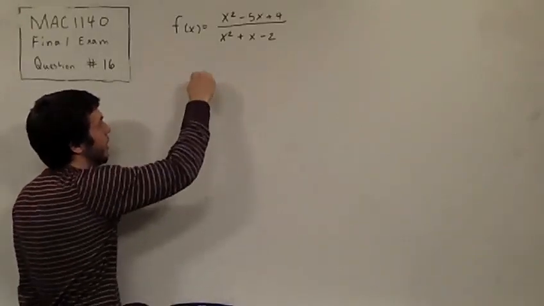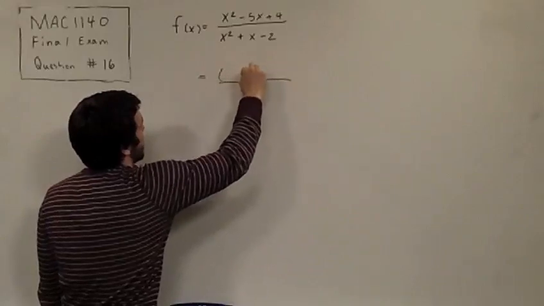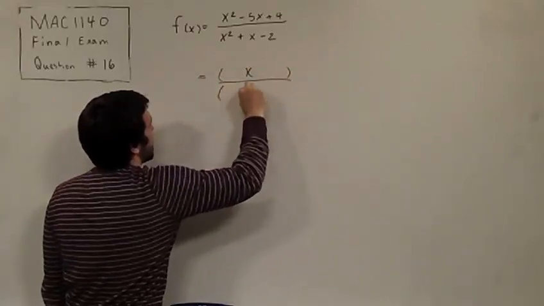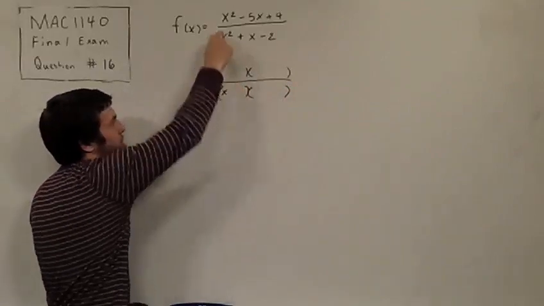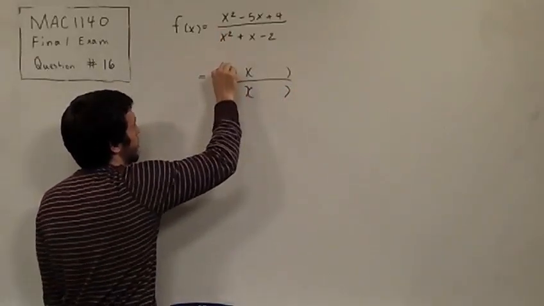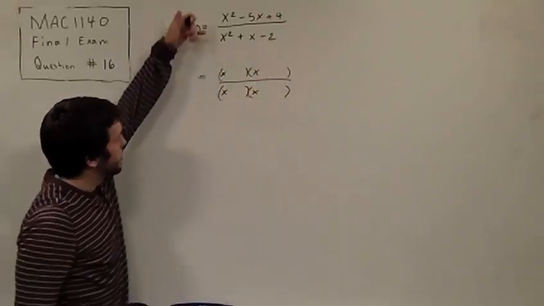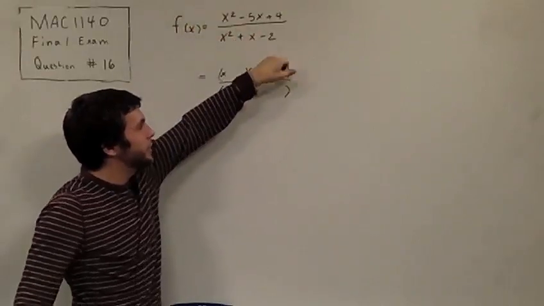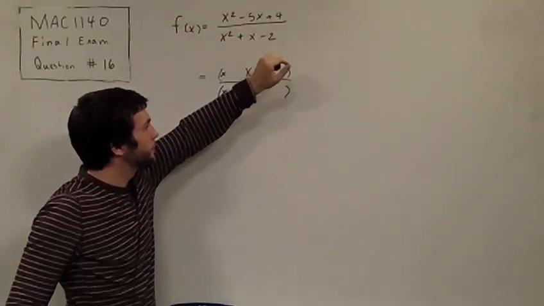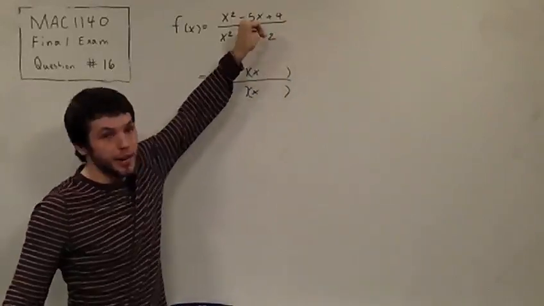So factor our top and our bottom. They're both quadratic, so they'll both factor like this, hopefully. Each leading coefficient is 1, so these will both start out with x. We'll look at the top first: x squared minus 5x plus 4. We need factors of 4 that add up to negative 5.